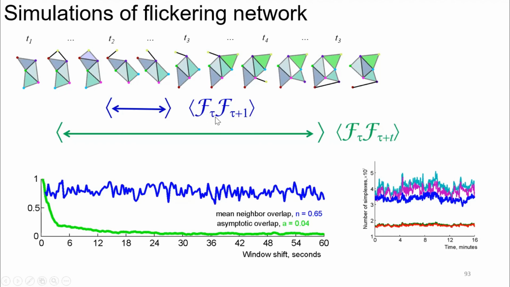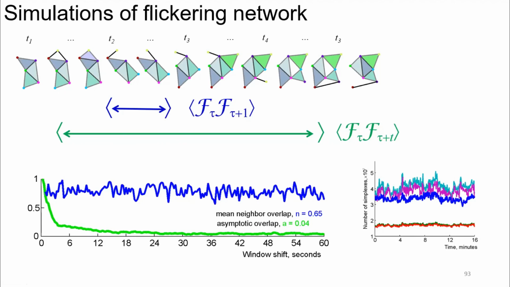If you look at the correlation from one time step to another, or change over a small time period, the correlation is actually very high. I'm not going to go into detail about what correlation means, but intuitively it should be clear. If you compare the simplicial complex to what it's going to be like at the next moment of time, they're similar.